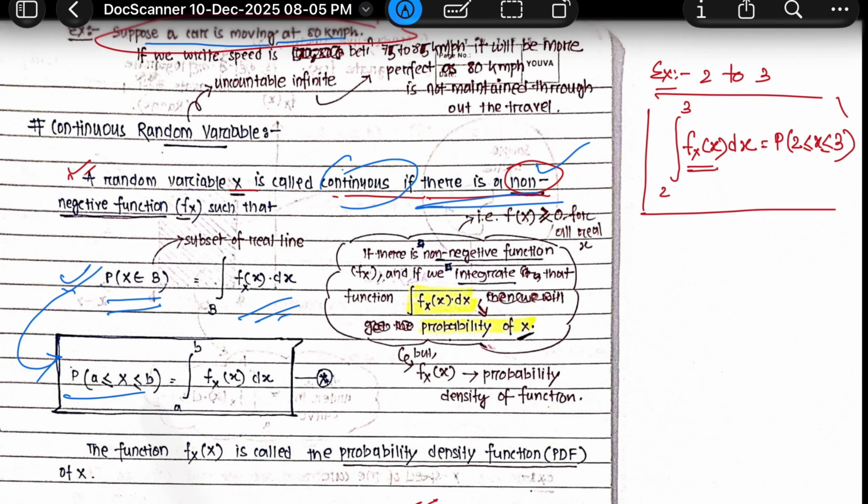If you are required to find the probability at that point, you need to just integrate the area from a to b. So the f of x here is the probability density function, the PDF of x.